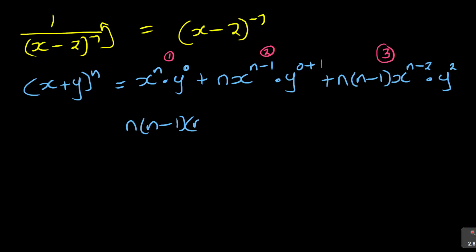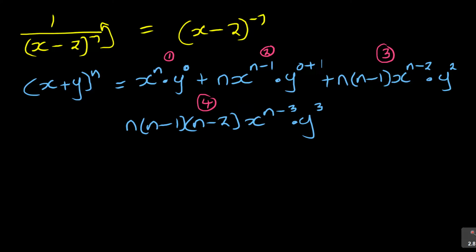Now we've dropped n minus 2, and then we've got x to the n minus 2 minus 1, which I'm not going to write like that. I'll just say n minus 3 times y to the power of 2 plus 1, which, remember, y is increasing. Then these become term number 4.